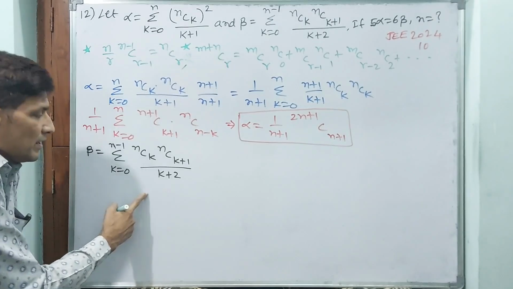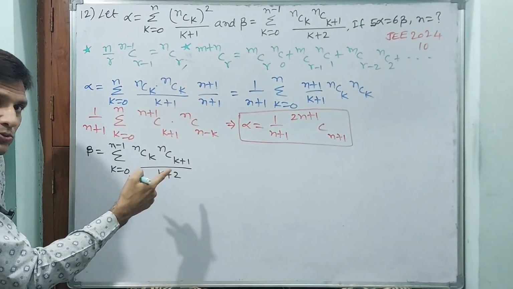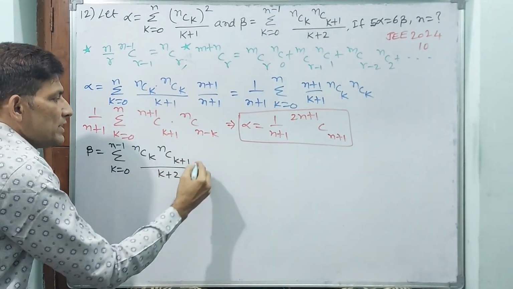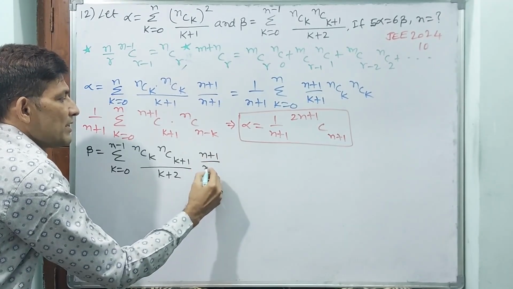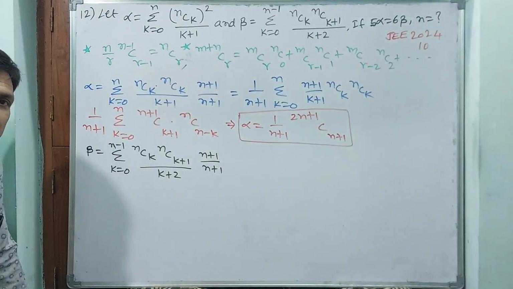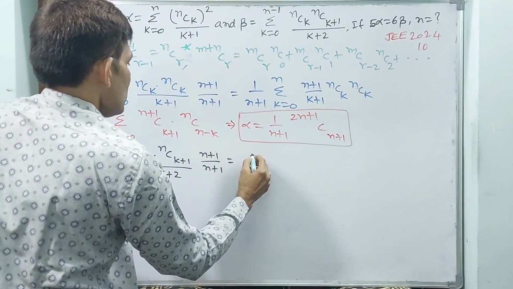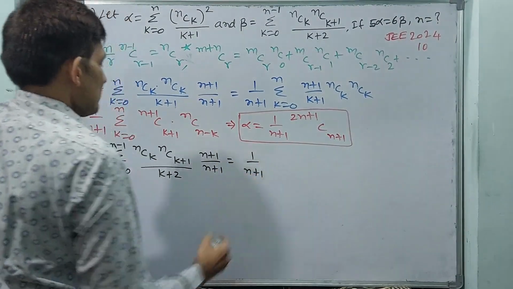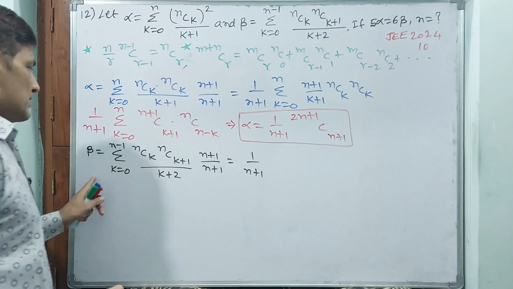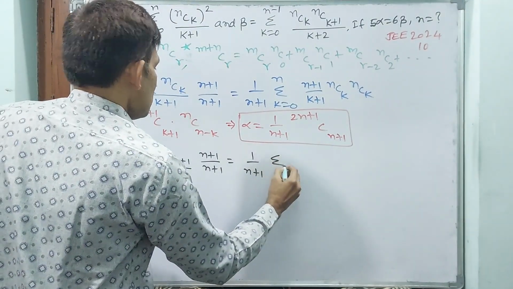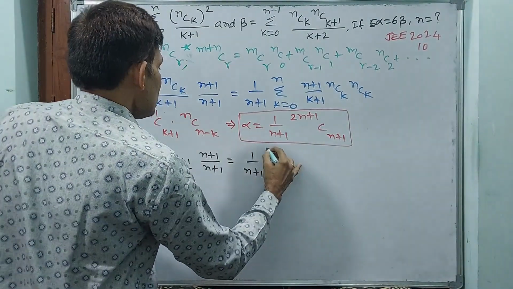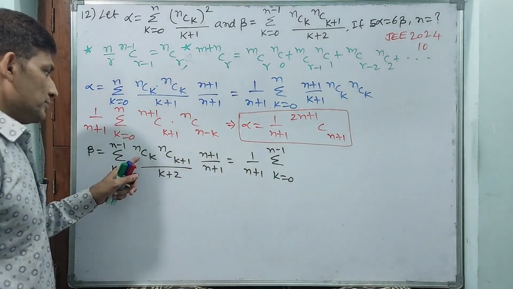And what I want to do? I want to do this only, n plus 1 by n plus 1. Okay, both are going to get cancelled. I am taking n plus 1 outside. That is equal to 1 by n plus 1. I am taking outside 1 n plus 1. And you see sigma k is equal to 0 to n minus 1.